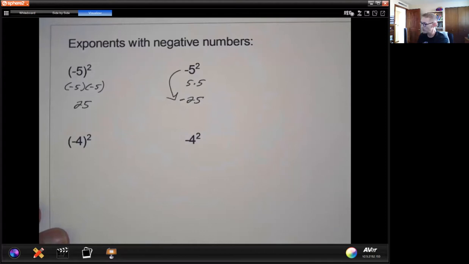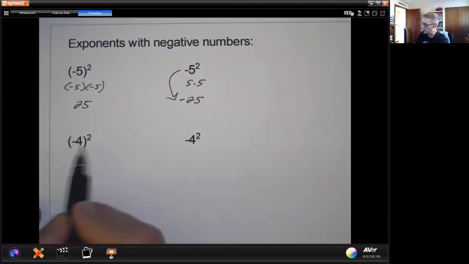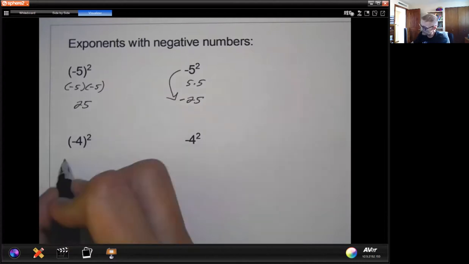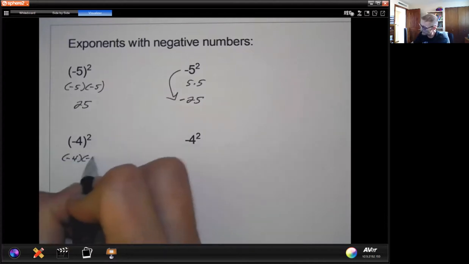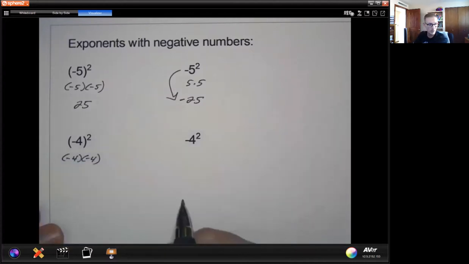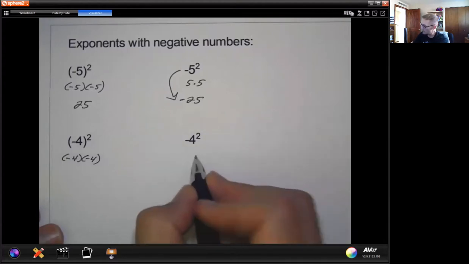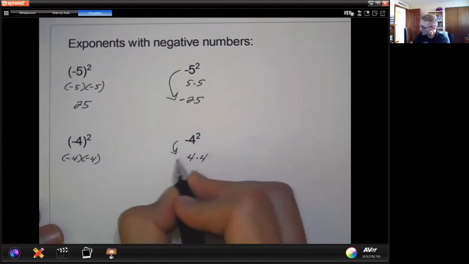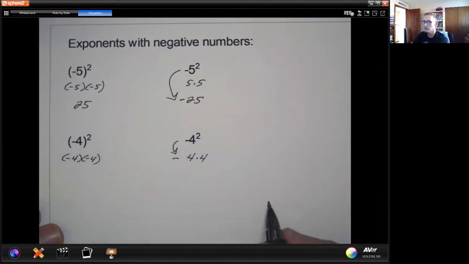So I want you to take a moment to look at these two numbers and come up with your answers based on what I just showed you. This problem here has parentheses, so it's negative 4 times negative 4. This one does not have parentheses, so it's 4 times 4 with a negative waiting in front.